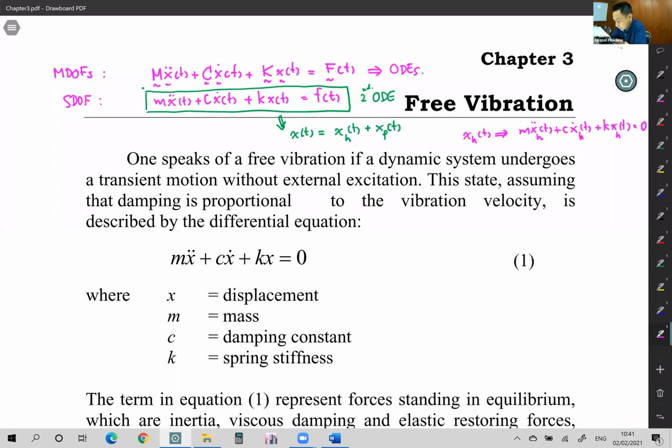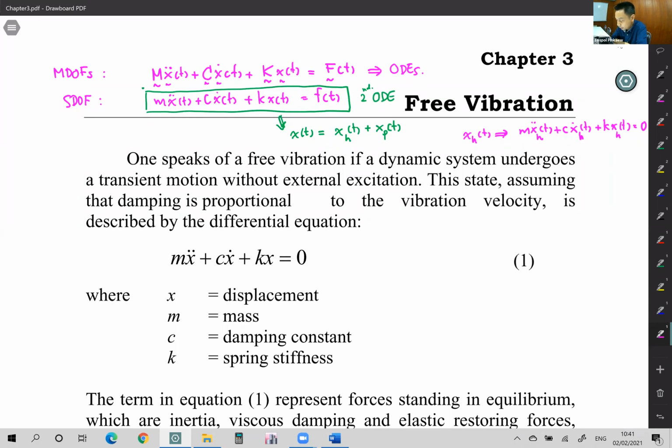This is the solution of the same equation, except the force function f of t equals 0. If you assume that the force is 0, the solution you obtain will be the homogeneous part of the solution. And then we obtain what they call the particular part later on.